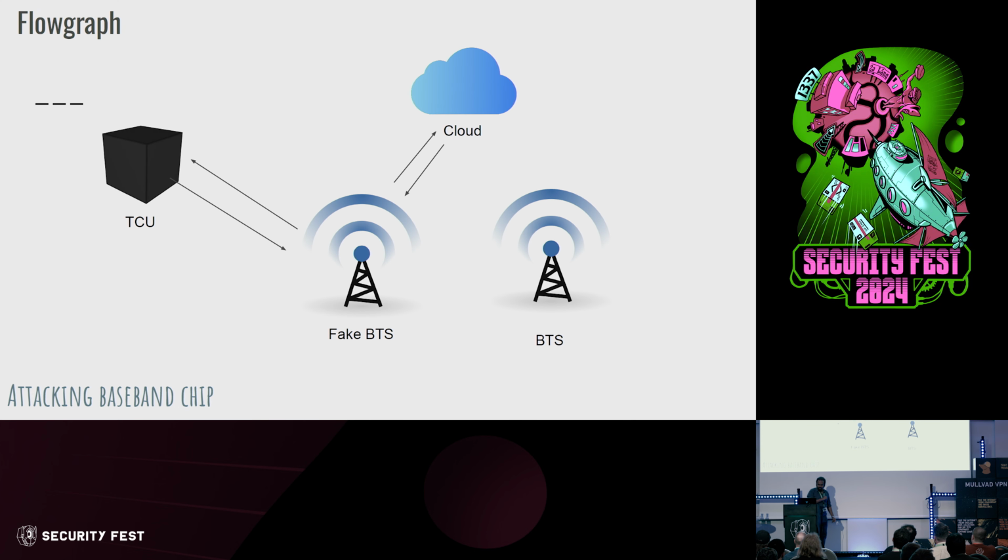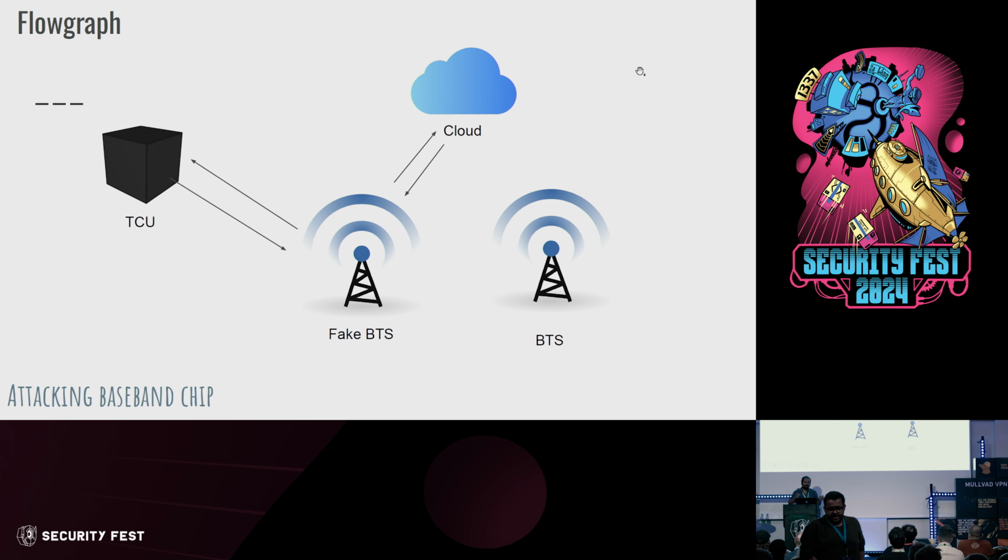A couple of people. So here's the flow graph. Pardon me for my bad designing skills. Now, this, my friend, is a TCU. Consider this as a car itself. This telematics control unit is sending data to cloud servers using this BTS, the base station.